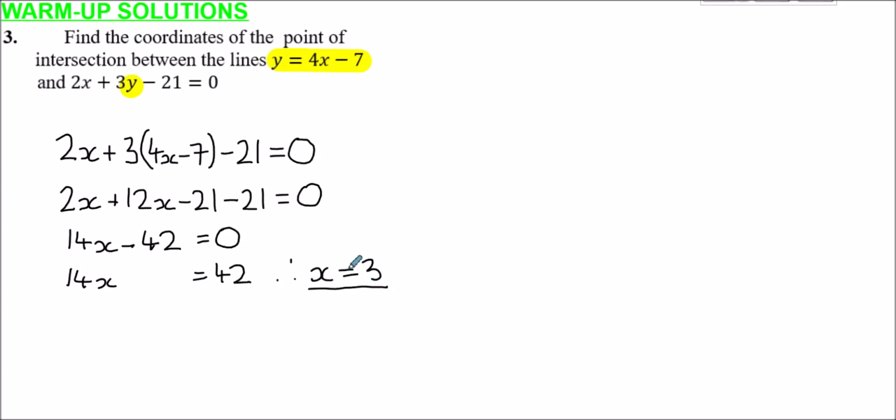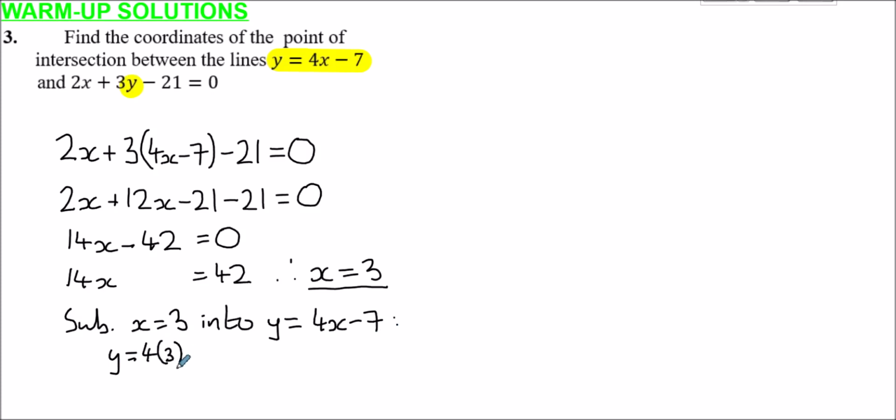So, now we know that x is equal to 3, we can sub this into y equals 4x minus 7. So if we now substitute x equals 3 into y equals 4x minus 7, we get that y, the corresponding coordinate of y, must be 4 lots of 3, because x is 3, minus 7. 4 times 3 is 12. 12 minus 7, that gives us 5.